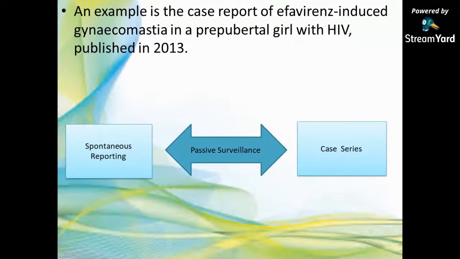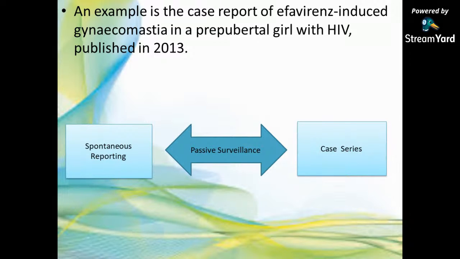So I will repeat about passive surveillance. It is spontaneous reporting by a healthcare professional or by the patient about the adverse event which occurred after taking the medicine, and it is directly reported to the market authorization holder, which is the pharmaceutical company, or to the regulatory authority.